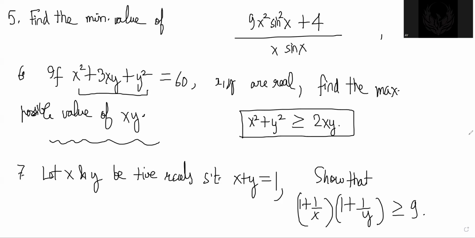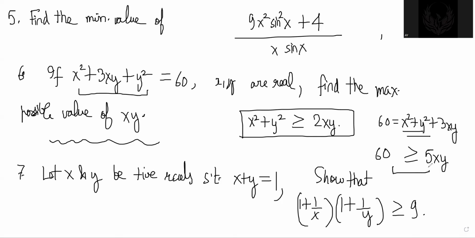So we can say 60 is equal to x square plus y square plus 3xy, and this is greater than or equal to 5xy. Because this is bigger than 2xy. So we are getting clearly 60 is bigger than 5xy, so xy is less than or equal to 12. So it's a very easy application.